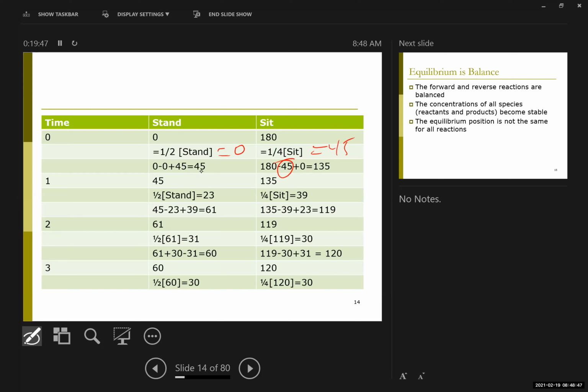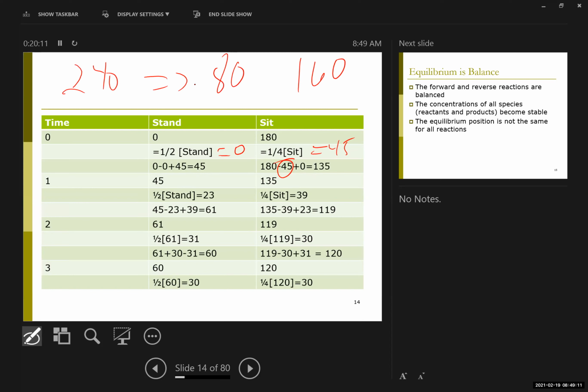And spoiler alert, if you were to start this with 240 people with the same kinetics, you would end up with 160 people sitting and 80 people standing, right? Because of the rate constants I chose, there's always going to be twice as many sitters as standers.